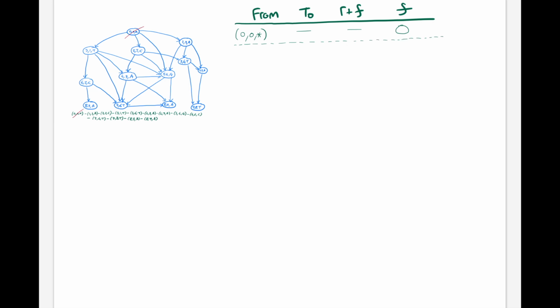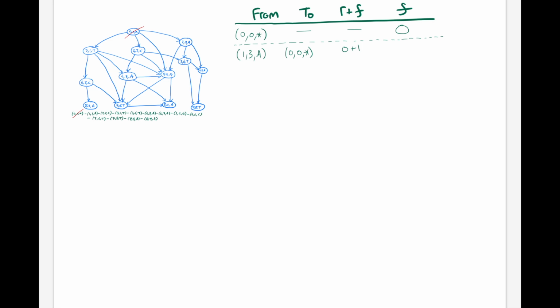Our next node to analyse is 1,3A. We can get there from 0,0,star. Notice this time we are traveling backwards along the edges. As long as we are consistent, that's fine. If we did this, we'd add 1 to the value of 0,0,star.